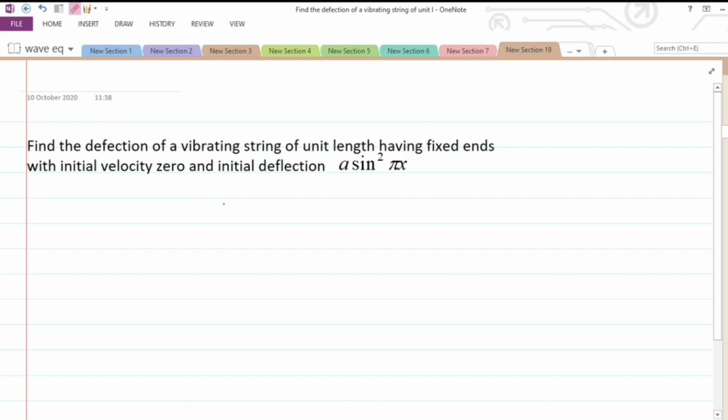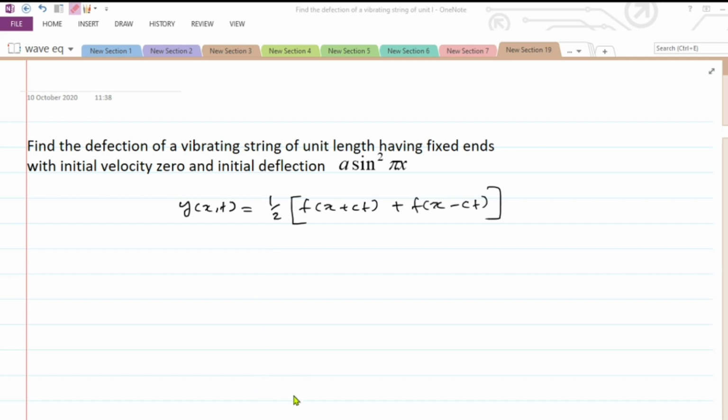Okay, so we have y of x,t is equal to 1 by 2 into f of x plus ct plus f of x minus ct. Okay, so we apply this in this particular problem.